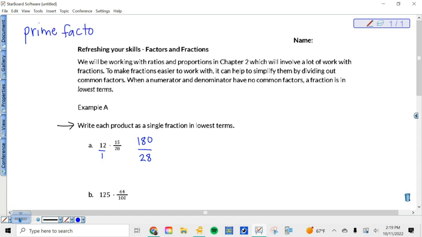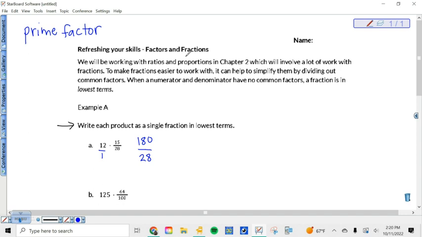Does anybody know what a prime number is? Prime, P-R-I-M-E. Only factors are 1 and itself. Factors that divide evenly. Perfect. So yes, prime numbers only have a factor of 1 and itself.